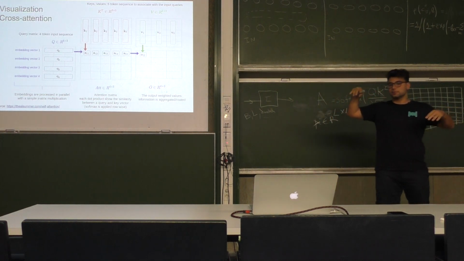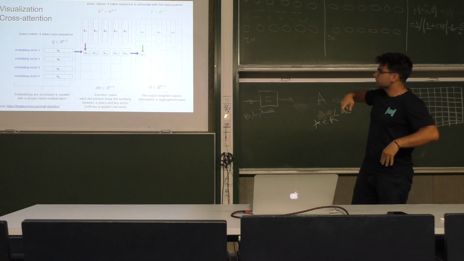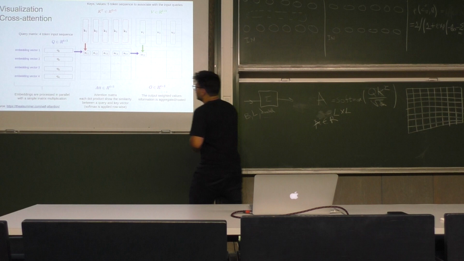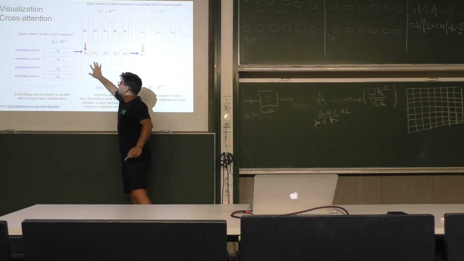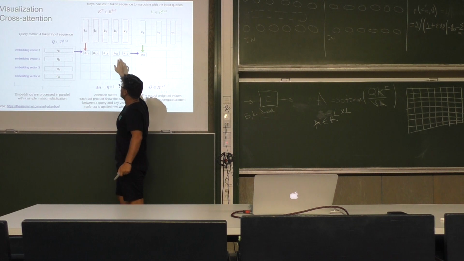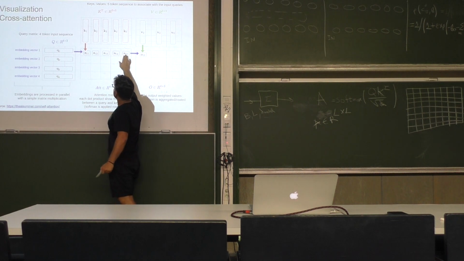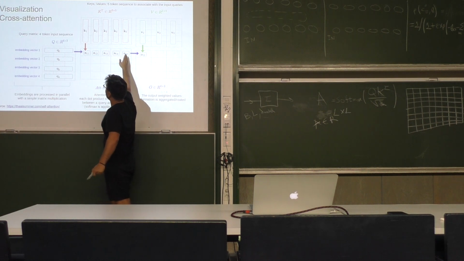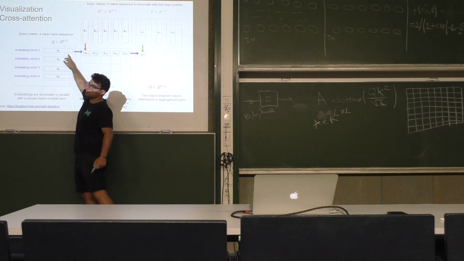We have analyzed this again throughout the course. So this is the attention matrix, and each row shows us how the different keys attend to this specific query.